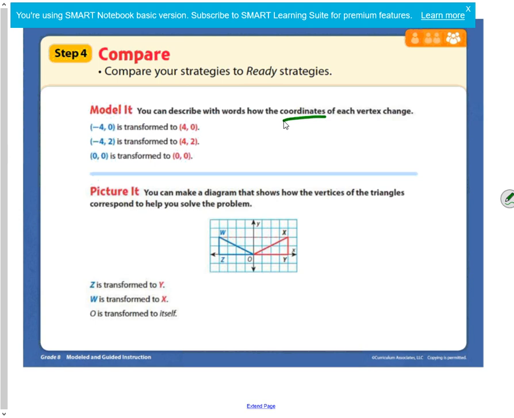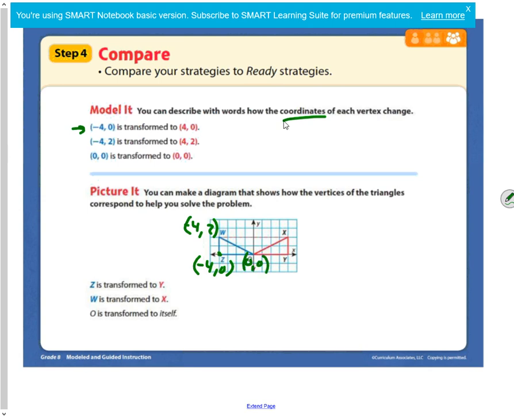The original coordinates were negative 4, 0. So negative 4, 0 right here. It's coordinate Z. Negative 4, 2, so that was W. And then 0, 0 was our third point.